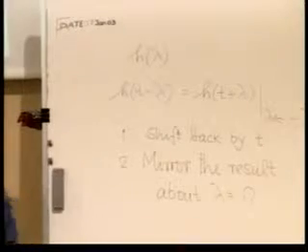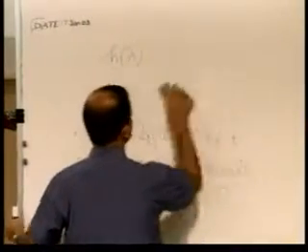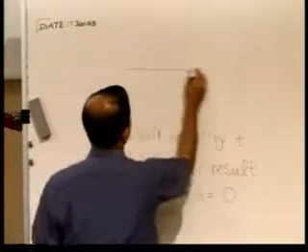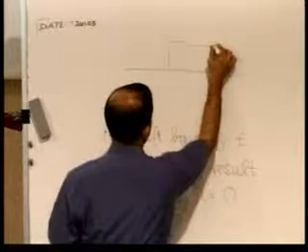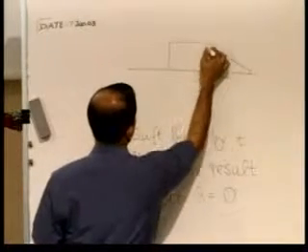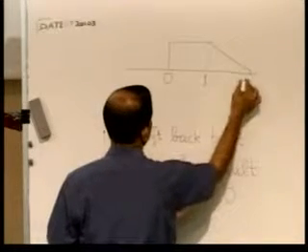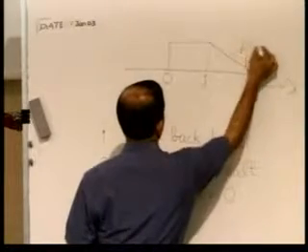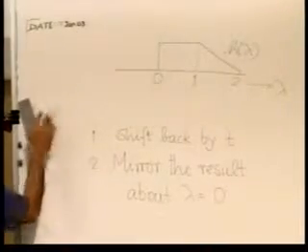Now let's take an example. Suppose h of lambda looks like this. Then shift back by t.